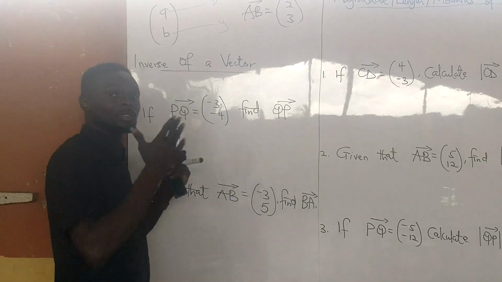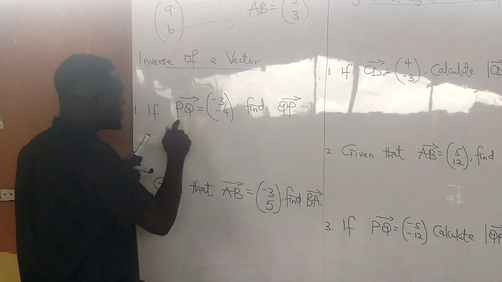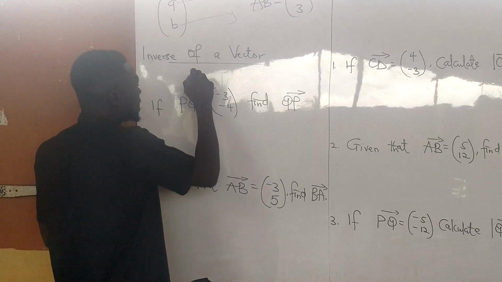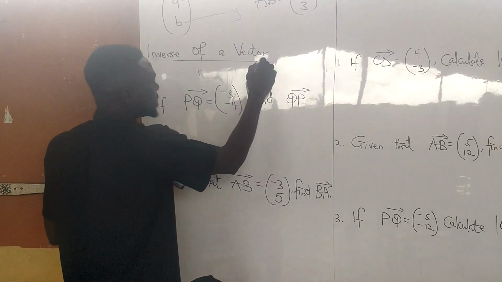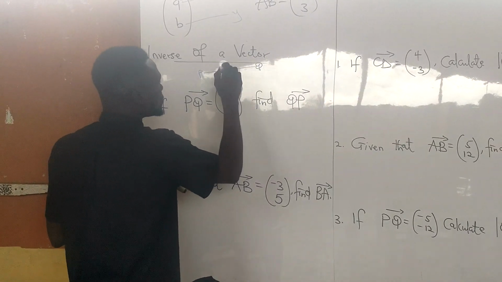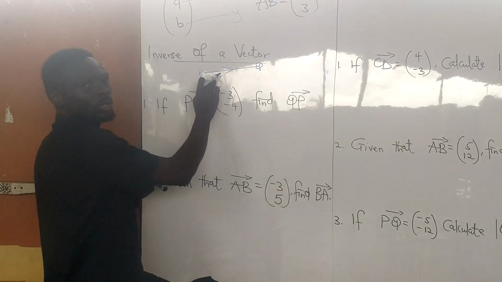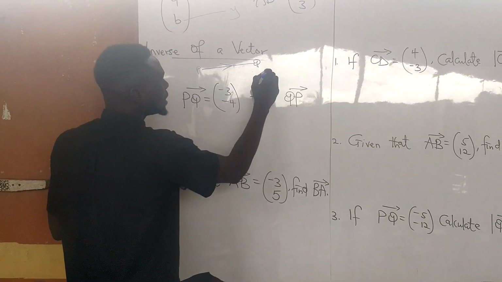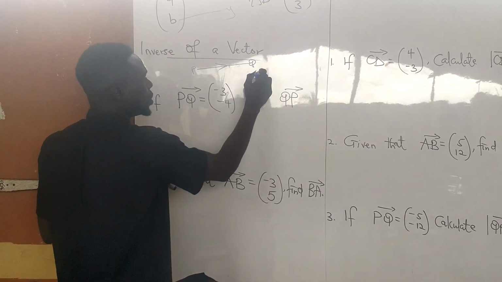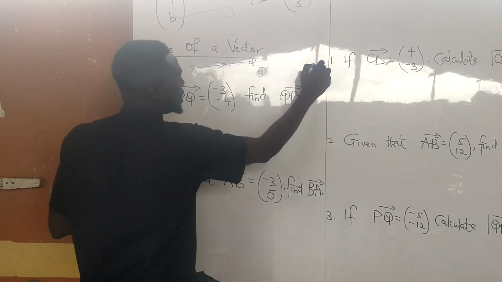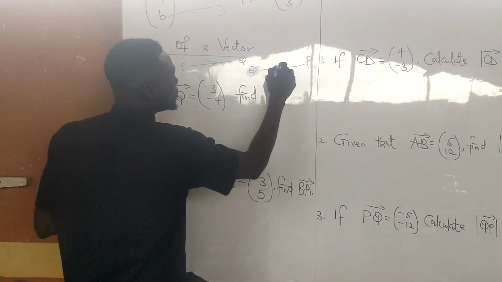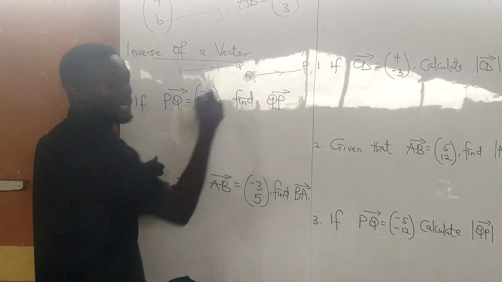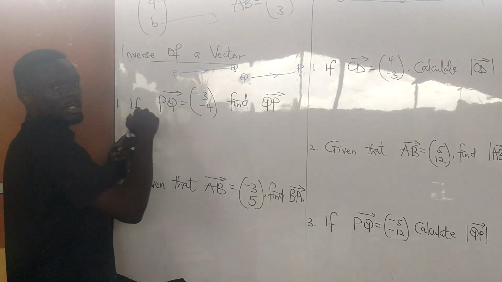When it comes to the inverse of a vector, in terms of diagram, we can say PQ, so there's a point here P, there's a point here Q. So we are moving from P to Q. And here you have to find QP. That means this time we are moving from Q to P, which is the inverse of this.